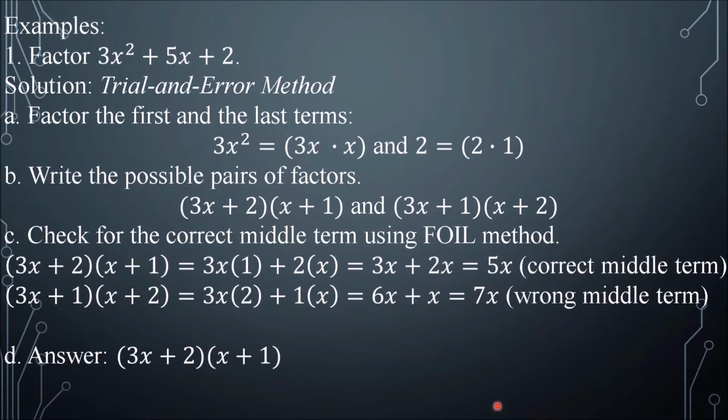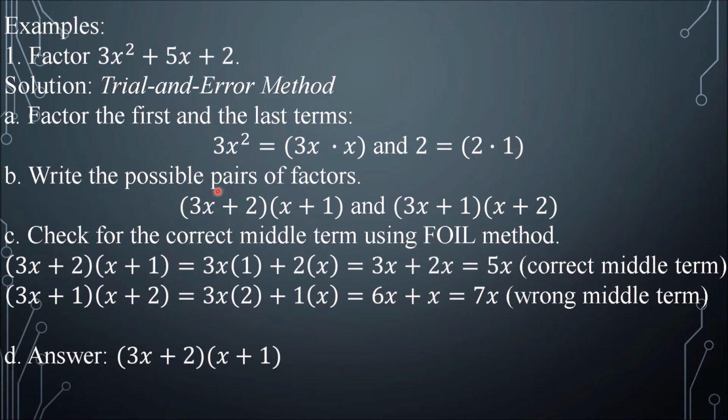Now, let's factor number 1 again using the trial and error method. First, we need to factor the first and the last terms. So the first term, 3x squared, factors are 3x and x, or 3x times x. And then we have 2, the last term, that's 2 times 1.